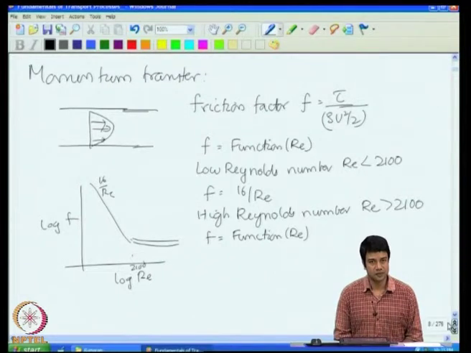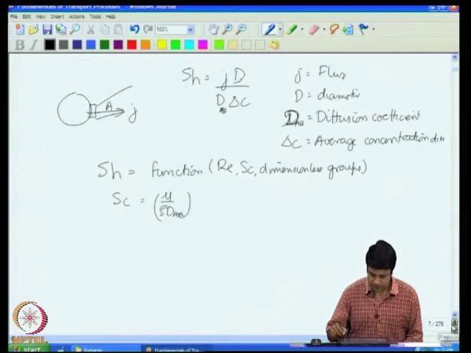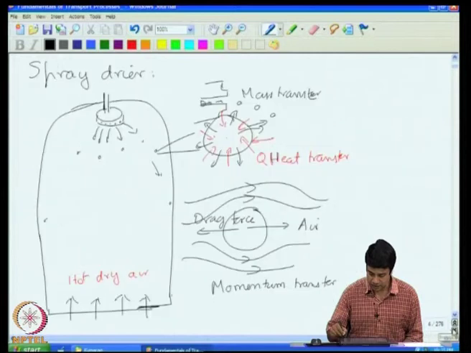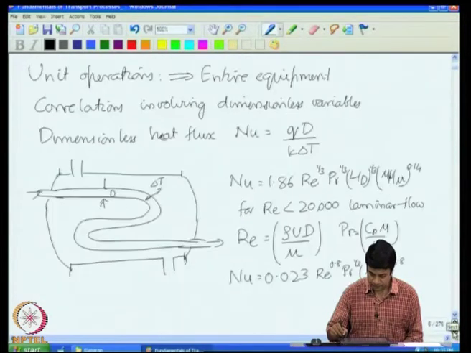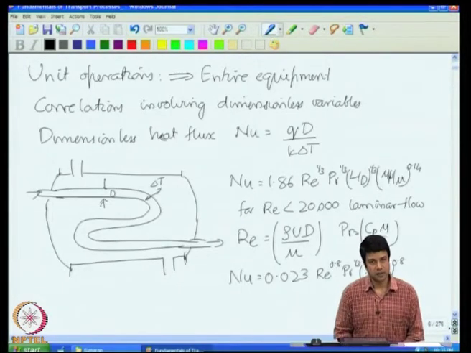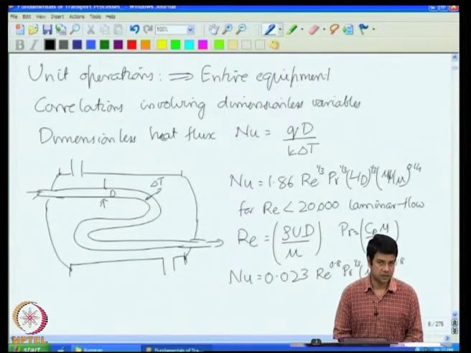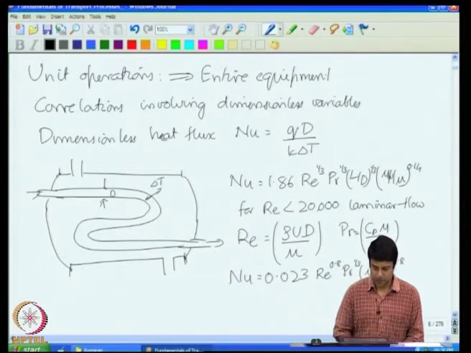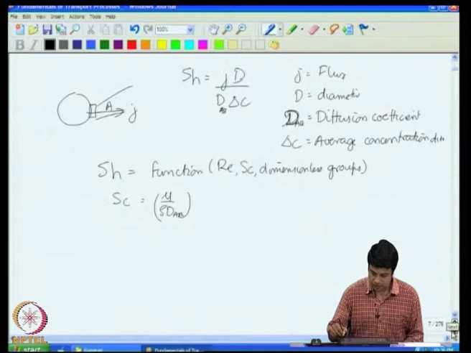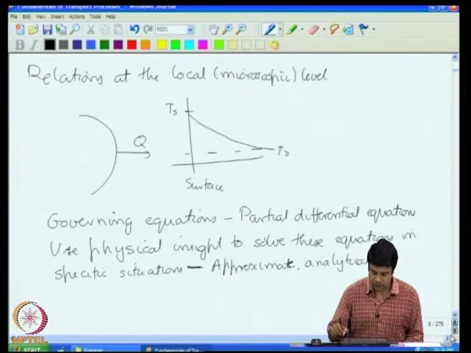They tell you basically how the total heat transfer from the entire heat exchanger depends upon the average temperature difference between the shell side and the tube side. So, these are correlations that are written down for average quantities.